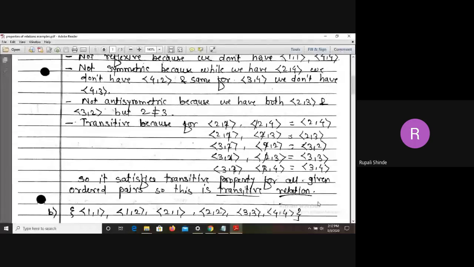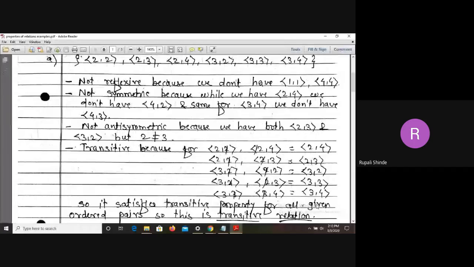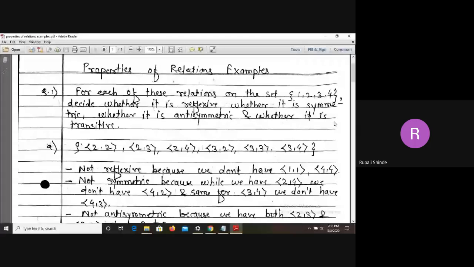We have defined this on a set containing four elements: 1, 2, 3, 4. Now check whether this one is reflexive. Yes, madam, reflexive. The next property is symmetric. Whether this one is symmetric.